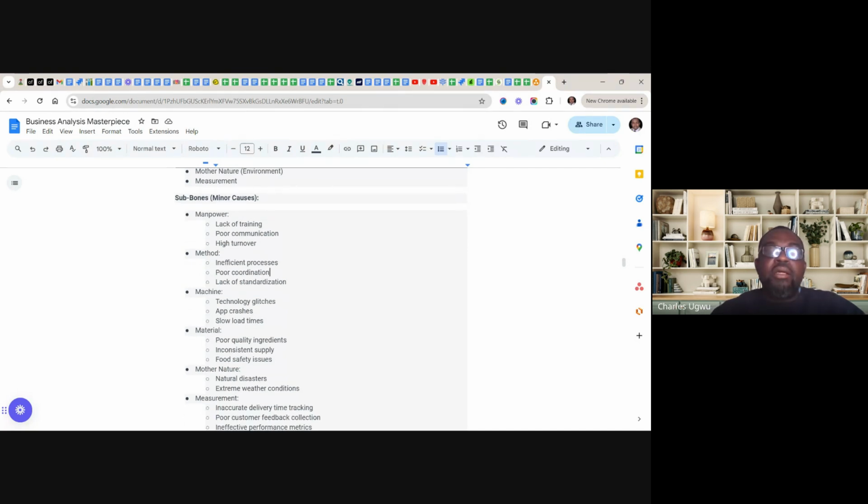Under material, poor quality ingredients, since we're talking about FoodTrackr, is food, cooked food. It could be the vendors that supply the food, the quality of food they supply, poor quality ingredients, inconsistent supply, they don't supply on time, food safety issues.